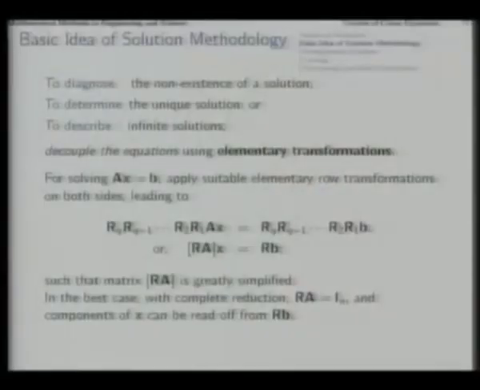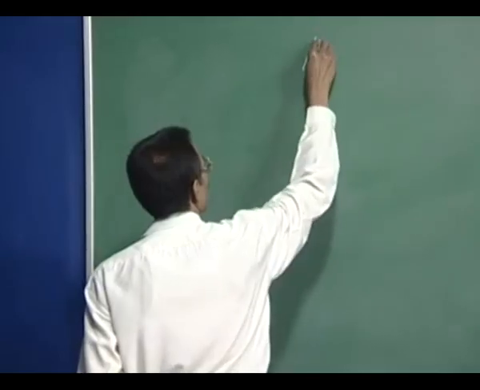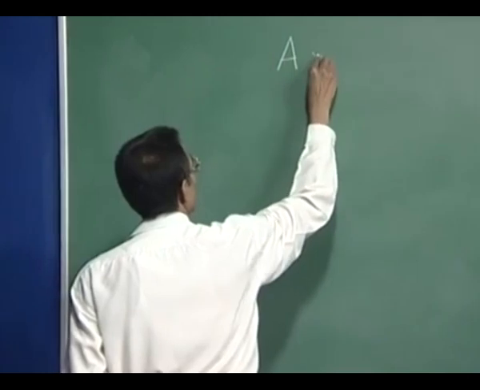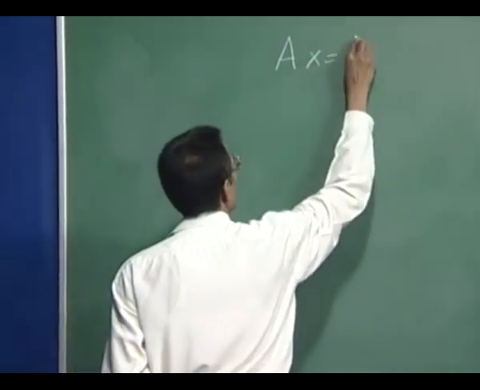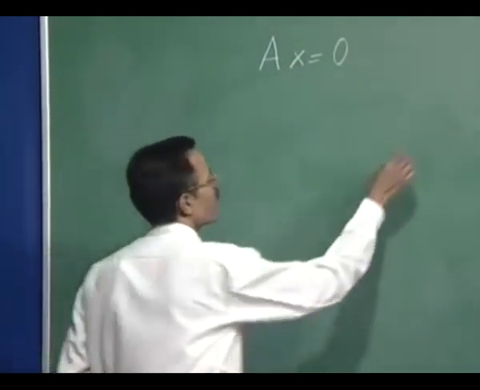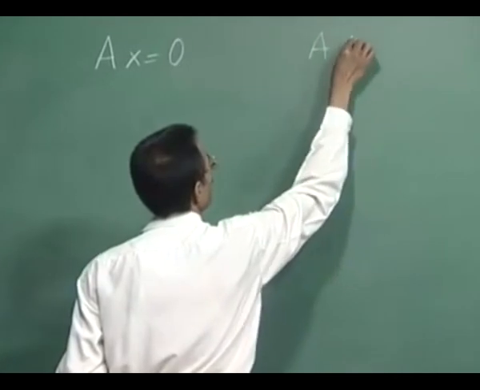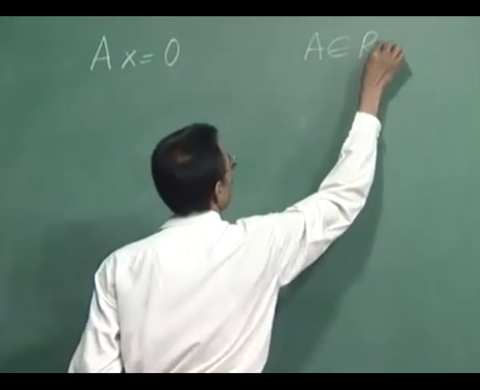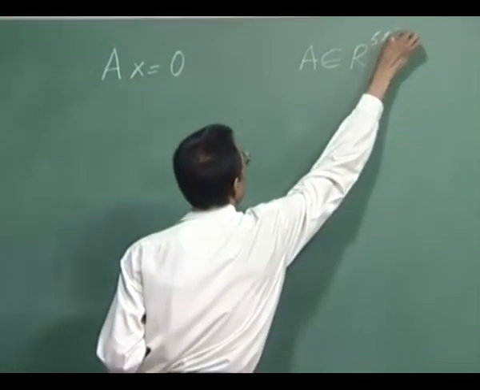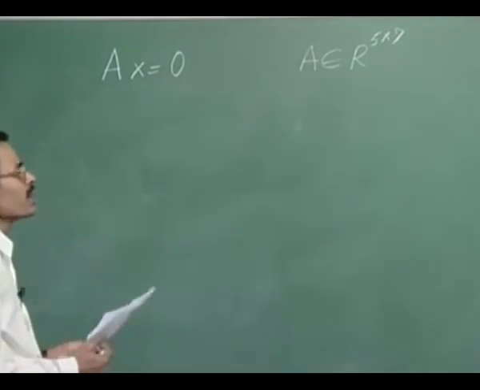For that, we take this problem of finding the solution of this system, in which A is of size 5 by 7. It is a rectangular matrix.